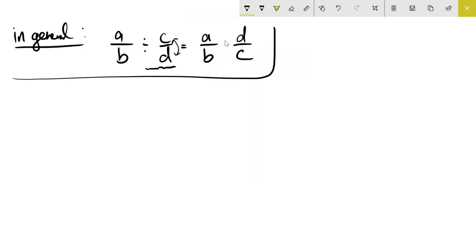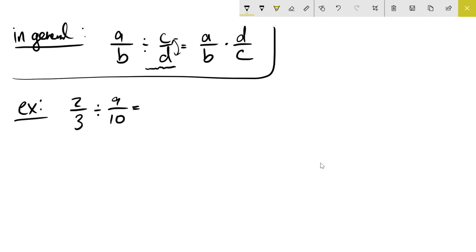Okay, all right, so I'll give you some examples. For example, let's say 2/3 divided by 9/10.